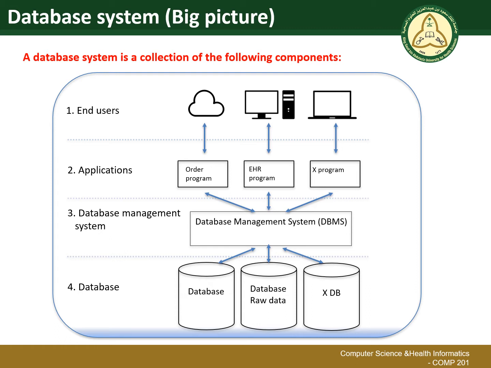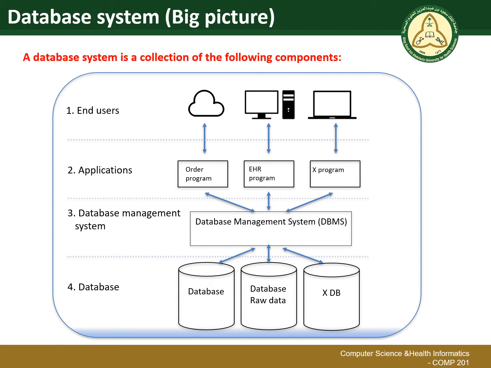And the applications will talk to the database through the database management system. So the database management system acts as a gatekeeper. All of the information flowing in or out of the database must travel through the database management system. So users or applications are not allowed to directly access the data in the database.